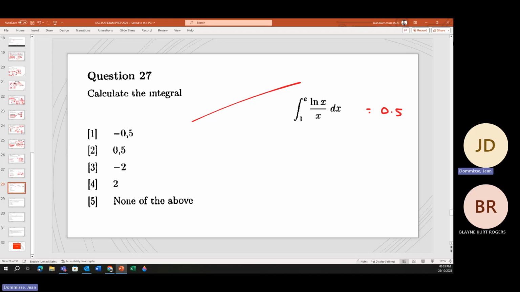So how would you guys have solved this if this was the one that you needed to do?